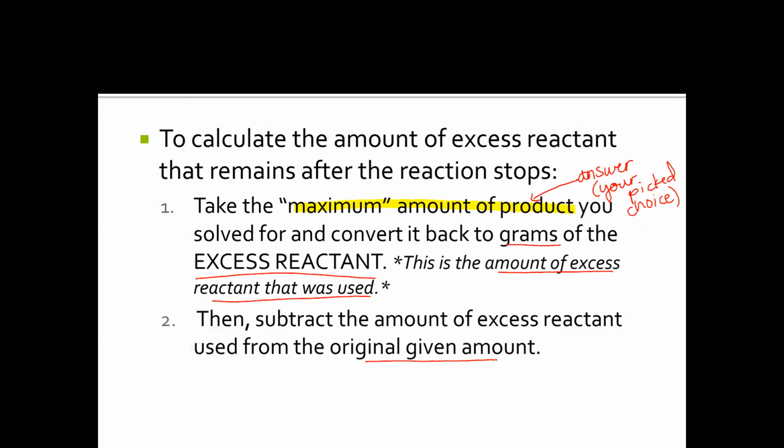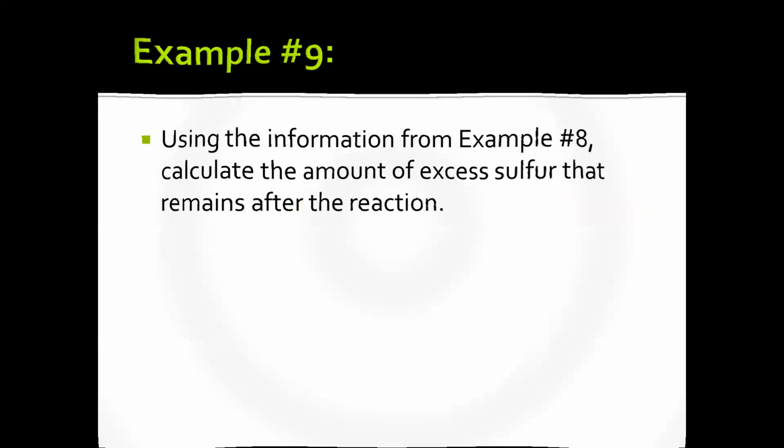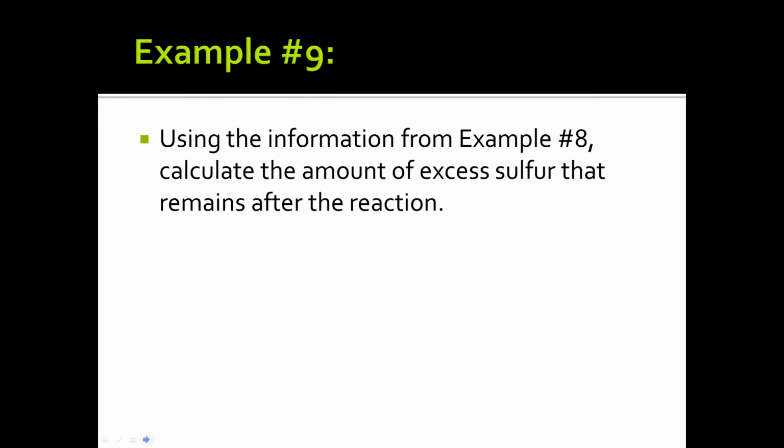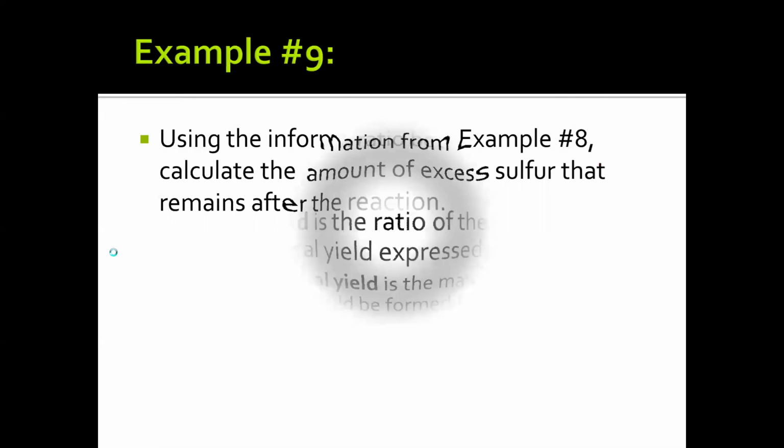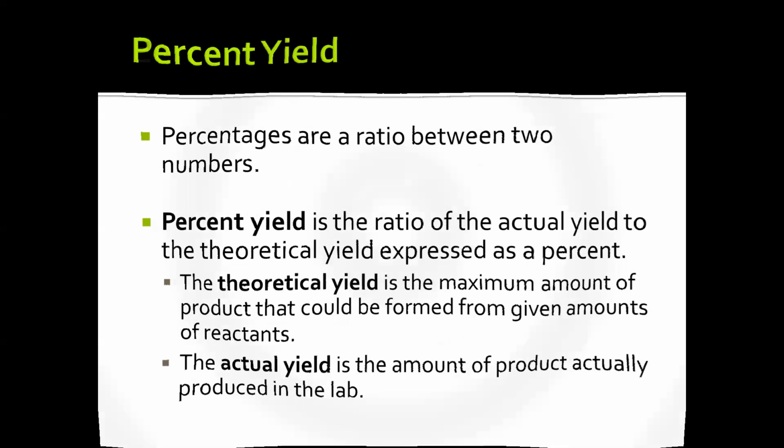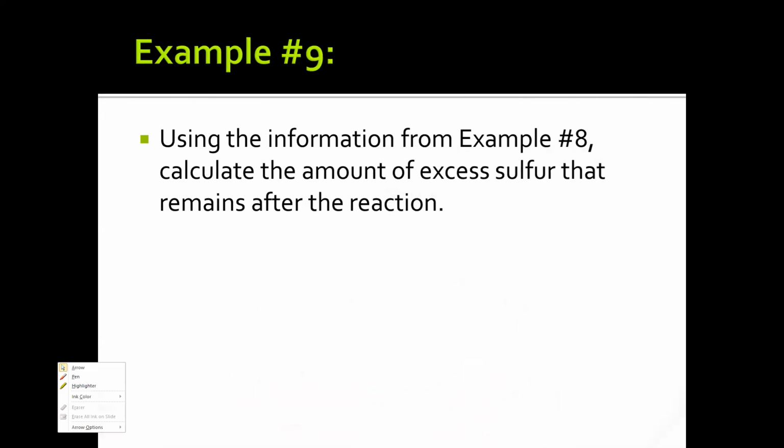Okay, so we're going to use information from example 8 to help us calculate this out. Just so that we can see the steps of what we're going to do, step 1, we're going to take our answer from example 8.